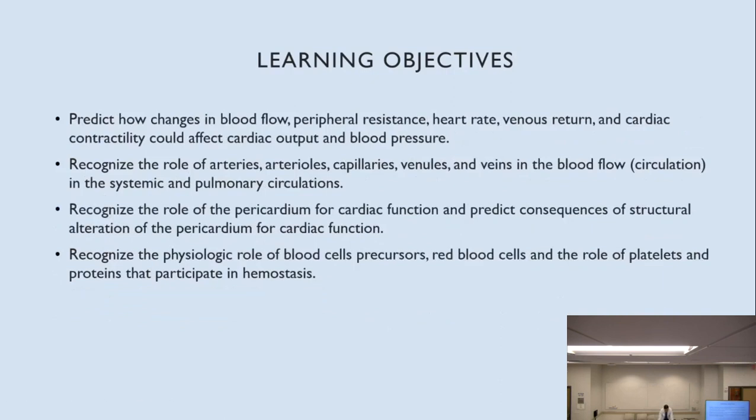We are going to be working or trying to learn the meaning of many different physiological variables, how they are controlled, how they are regulated, how blood vessels of different types participate in the blood circulation and exchange of substances, nutrients, wastes in the body. At the end we are going to move to the structures that protect the heart, and also we're going to be talking about the role of different blood cells in the process of hemostasis, controlling bleeding, etc.